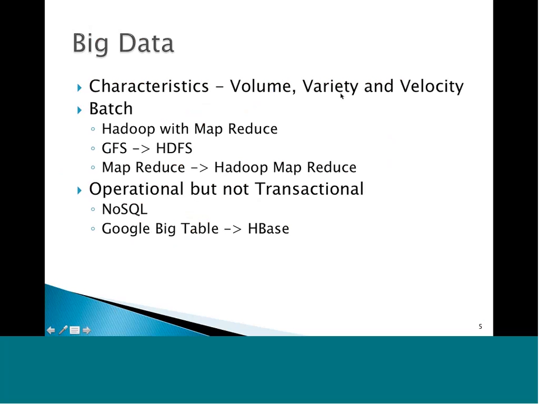And variety: typically in traditional databases we deal with structured data. We have to define the structure for your data, and then you have to insert into the tables by passing the data to match your structure. Whereas in big data, you can even deal with unstructured data. We will see that later. Variety stands for structured, unstructured, as well as semi-structured data.